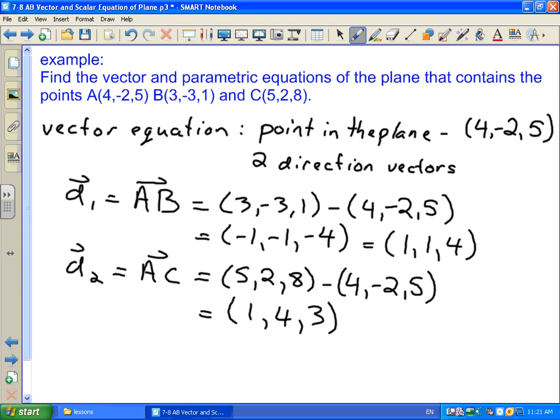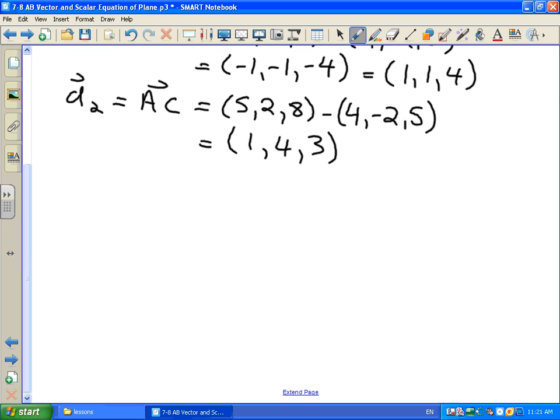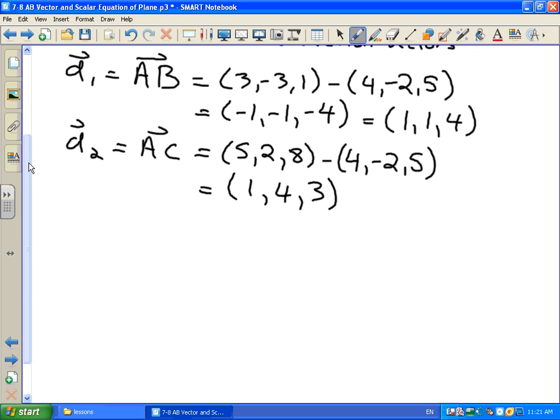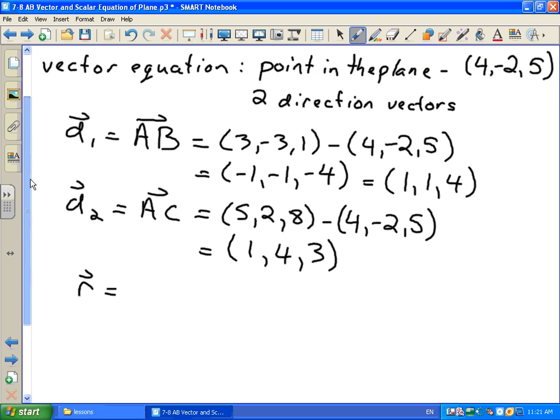And then let's just put this together into the vector equation of a plane. So our point on the plane is 4, negative 2, 5.